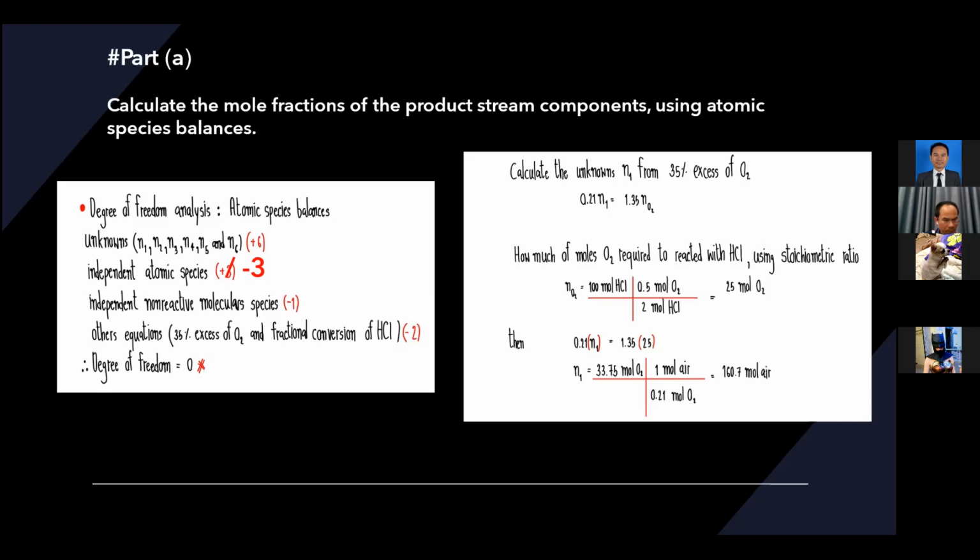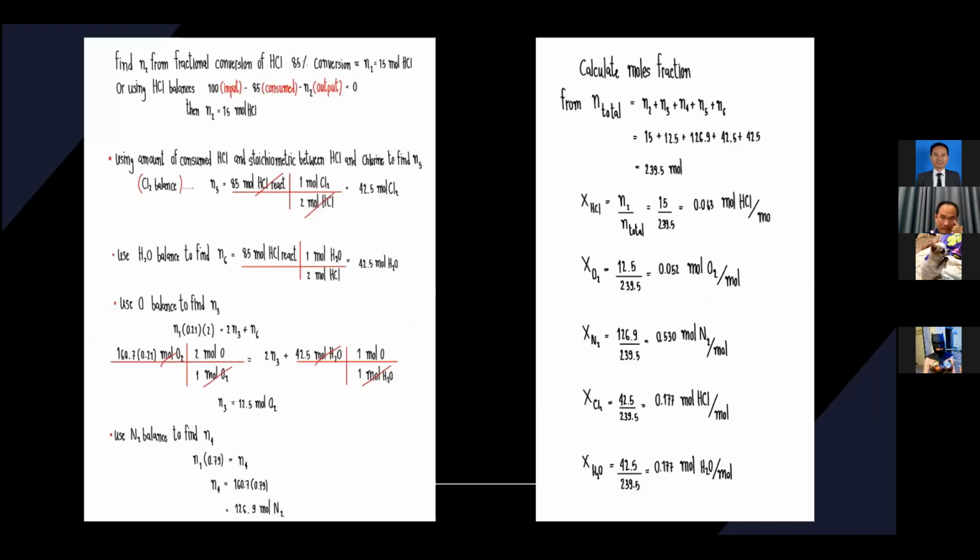Then we can calculate that N1 is equal to 160.7 mole. And for N2, we use the fractional conversion of hydrochloric acid, 85% conversion, using the hydrochloric acid balance. Then we got it equal to 15 mole.